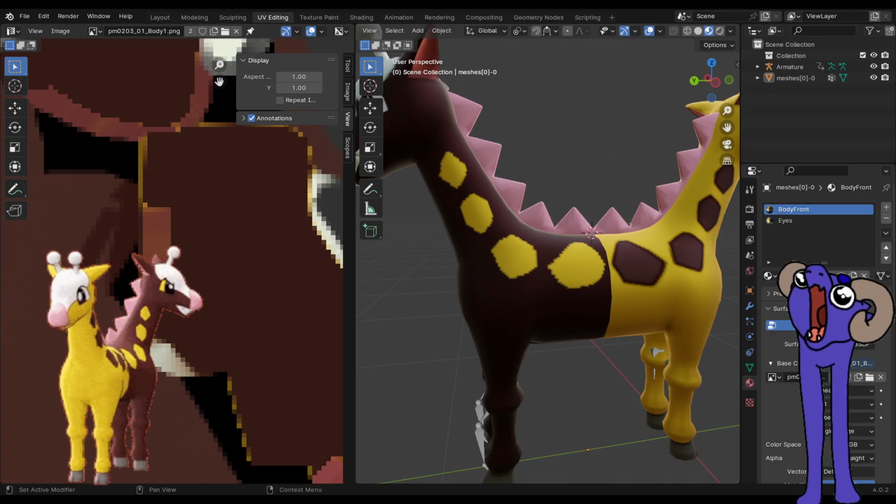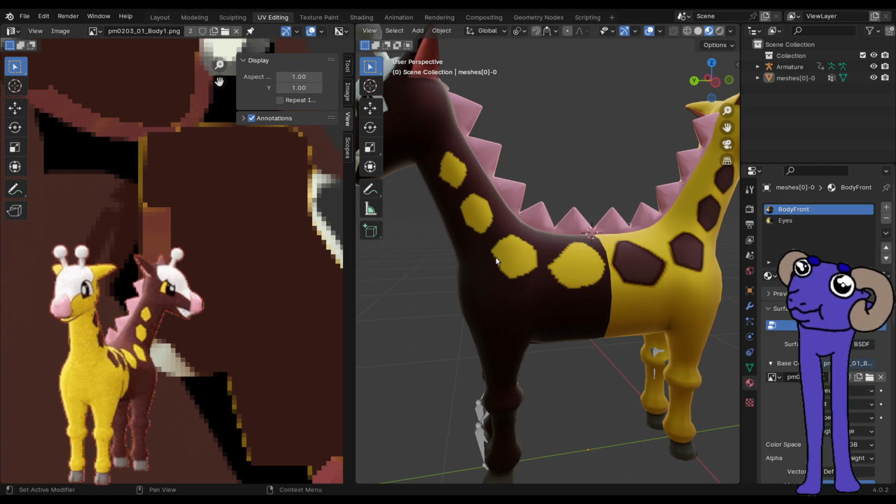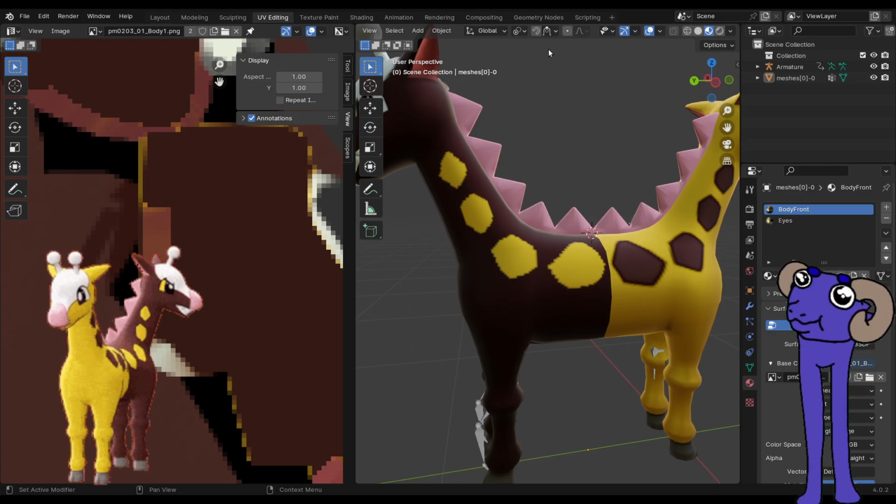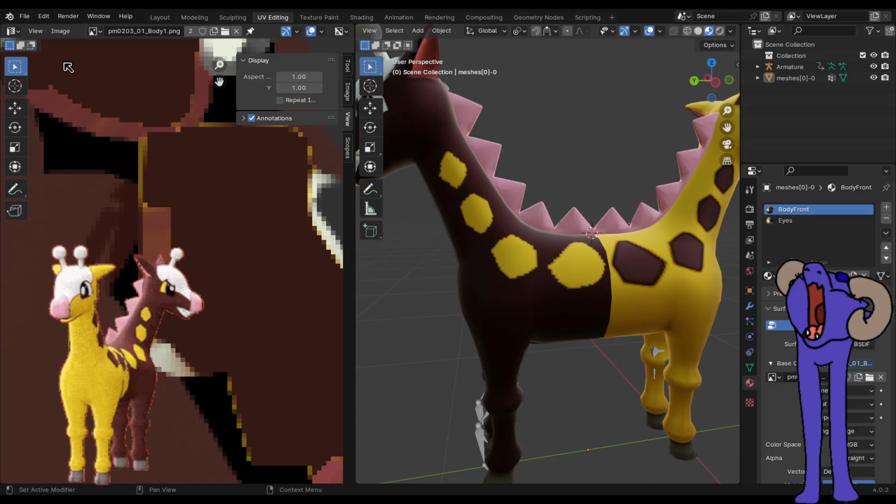I think there is a plugin I could use in Aseprite, which could outline those spots for me, so I might move this over to Aseprite a second. Go to Aseprite, and then I grab that texture. That's the wrong body.